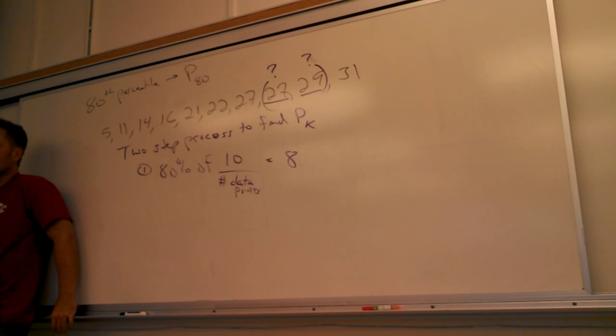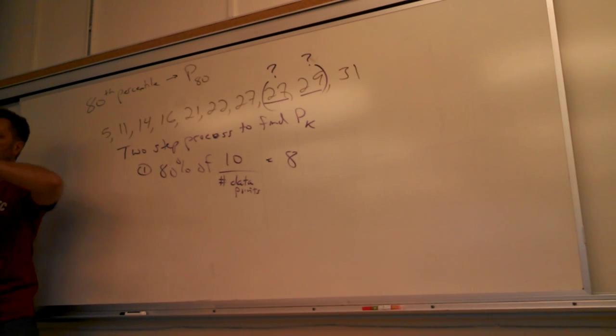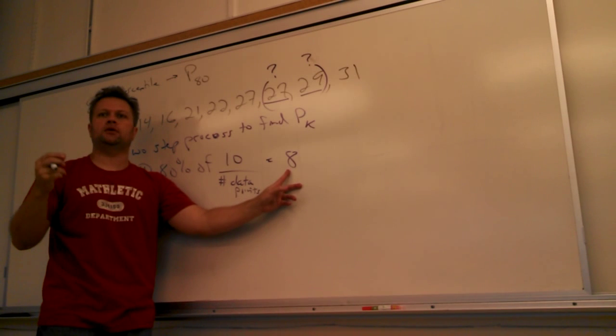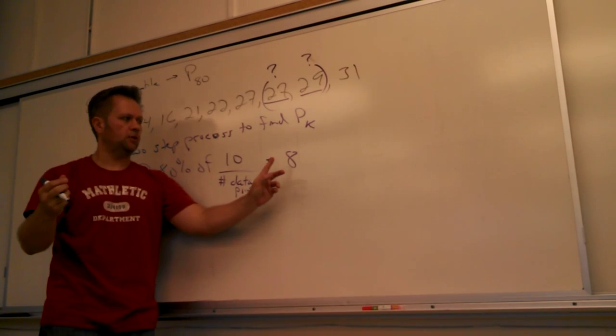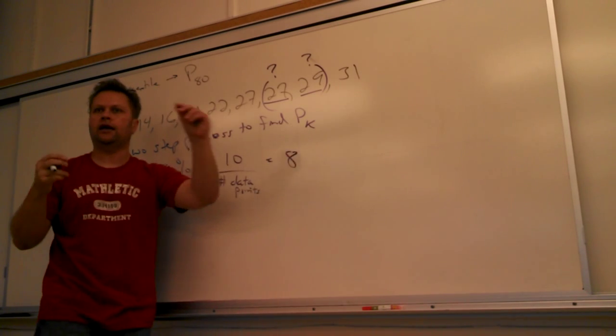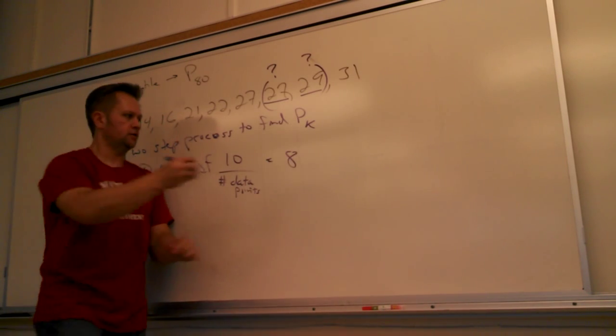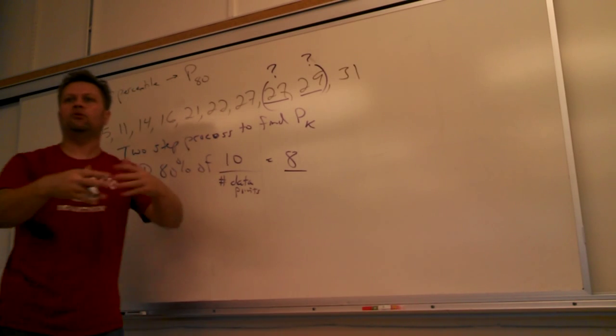Somewhat. I gave us 10 numbers just because it's easy to see them all and to talk about real quick. Because I was thinking if you gave us an odd number. I got you. We're getting there. If this number comes out to be a whole number, the answer is going to be this one and the next one averaged. So it came out to be 8, not 8 point anything.